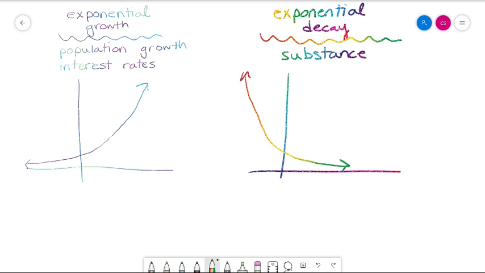These are the models we're going to use for growth and decay in this section, but this normally starts when time is equal to 0. So we're only going to be looking at these functions starting with t greater than or equal to 0. Population growth, exponential growth, exponential decay.